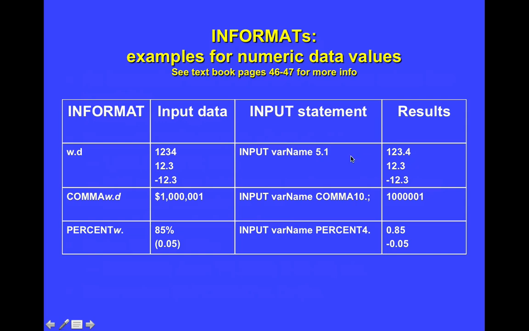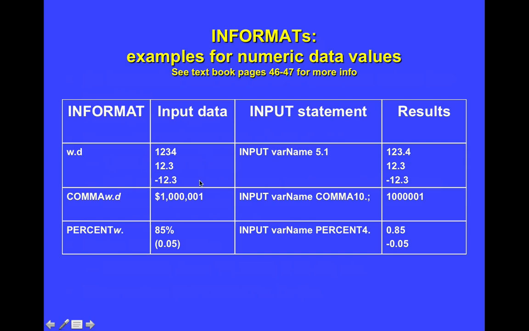So what happens here is because we used an informat within the input statement that told SAS the variable is up to 5 columns wide, and the decimal place should be moved in 1 space. What it did was it read in the raw 1, 2, 3, 4, and it gave us a value of 123.4.